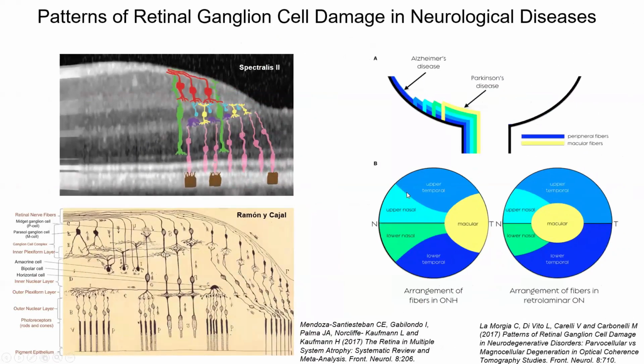For example, we know from the literature, from this very nice paper of Lamorgia, that, for example, in Parkinson's disease, we find an atrophy of the central P cells, more likely than in Alzheimer's disease, where more likely we encounter a loss of the M cells, and therefore the region of ganglion cell atrophy may be different between those two degenerative diseases in neurology.